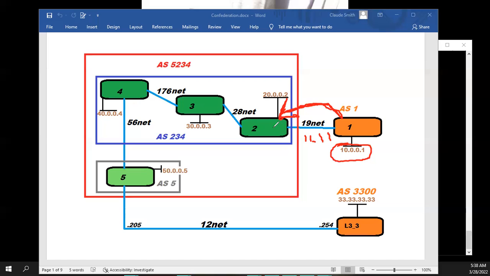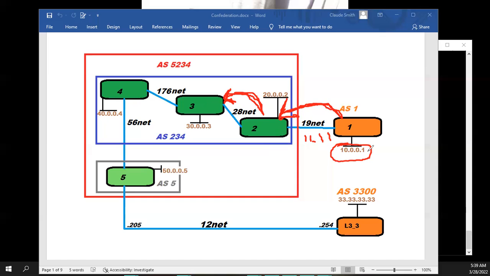Now router number 2 says, now here's where the problem comes in. Router number 2 takes all that information and passes it on to its sister router, the other internal speaker, number 3. Router number 2 says, hey, router number 3, let me tell you about this eBGP speaker I know about out in autonomous system number 1.